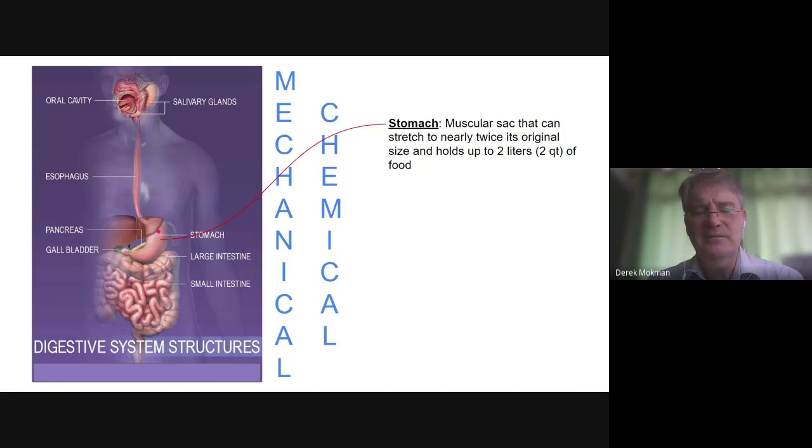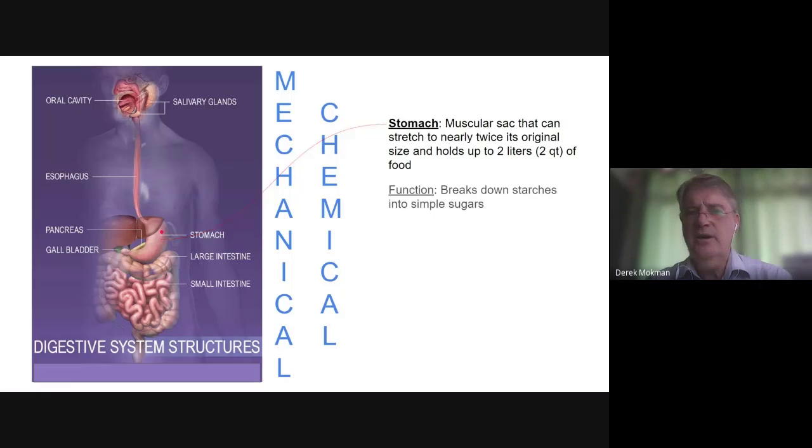Acid is inside the stomach. So the stomach is churning the food, it's mixing the food, and the acid in the stomach is breaking down some of the food. It also has some enzymes called peptidases, but basically it's beginning the breakdown of protein.